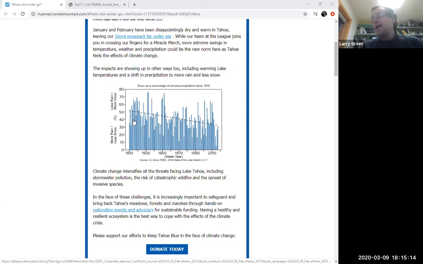So if I put over 10, that's 10 years. Is that clear? So what we can say now is that for every 10 years, on average, we have had a drop in snow percent as opposed to rain by 1.2%.